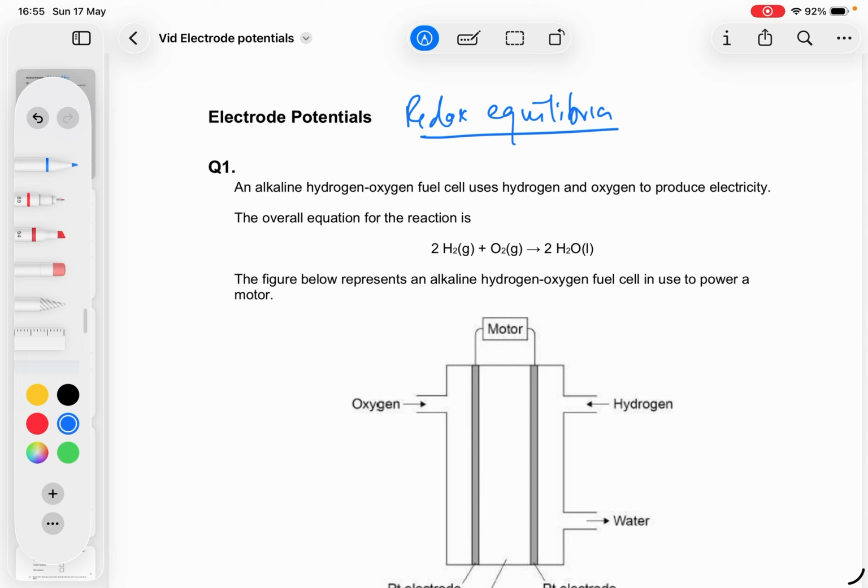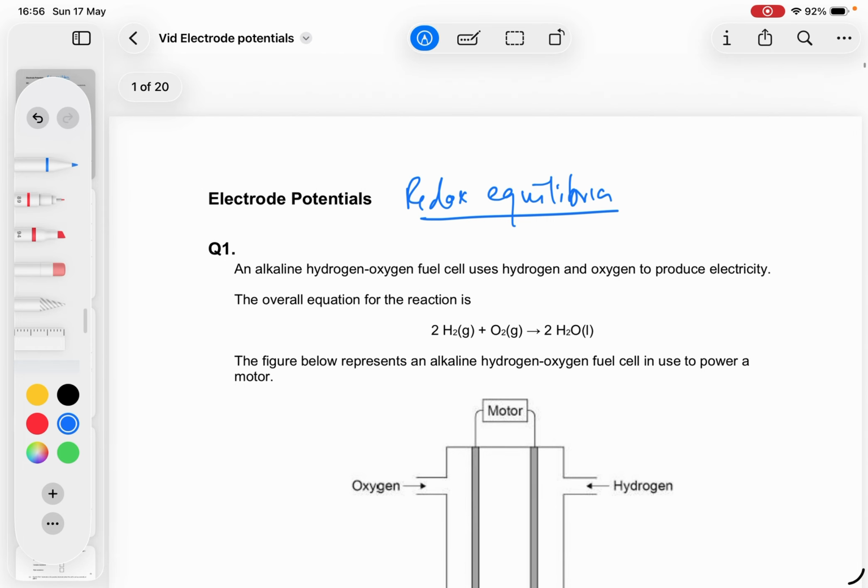Redox reactions involve electron transfer, and an electrochemical cell uses electron transfer reactions to produce electrical energy. Most batteries, laptop batteries, mobile phone batteries, they all work on this concept.